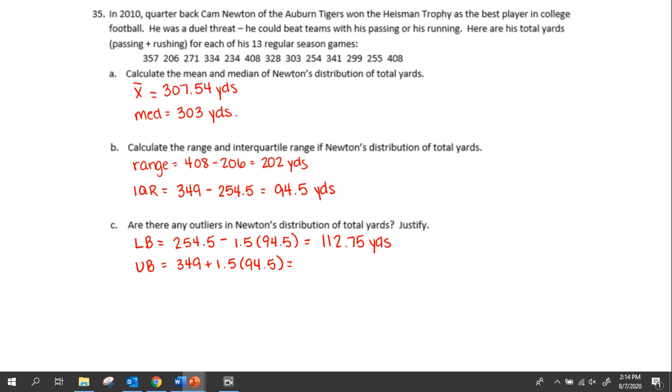And our upper bound would be 349 plus 1.5 times 94.5, which is 490.75. So the answer to that is that there are no outliers. And when it says justify, showing your work is sufficient.